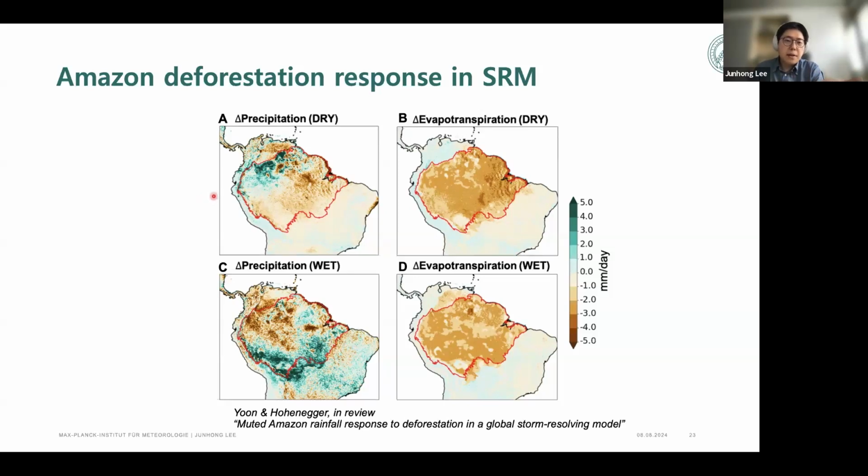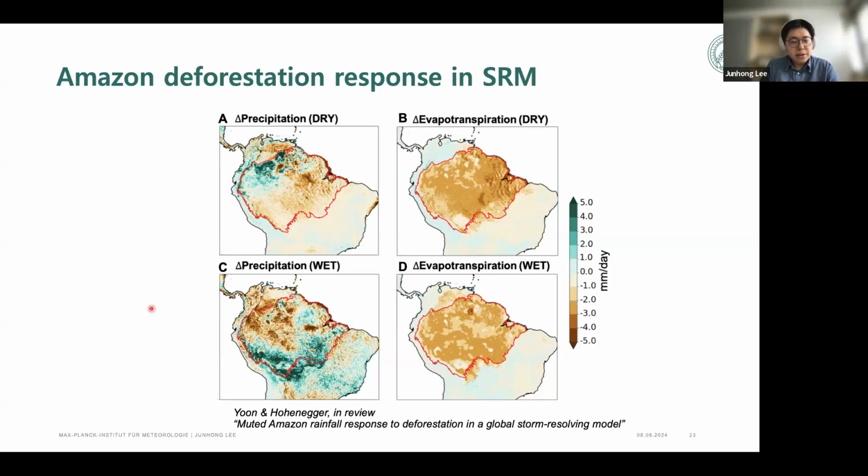They only found that the precipitation pattern has changed. For example, in dry season, precipitation increases over the northern part of this deforested area and decreases in the southern part. But in the wet season, precipitation increases in the southern part, but decreases in the northern part. But the average value doesn't change much.